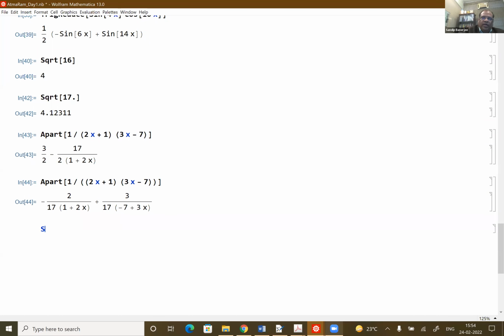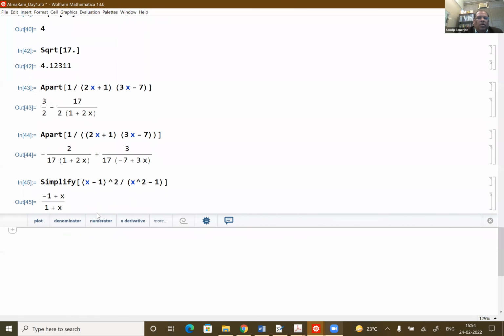So if I write simplify, just check whether you have written this as capital or small.